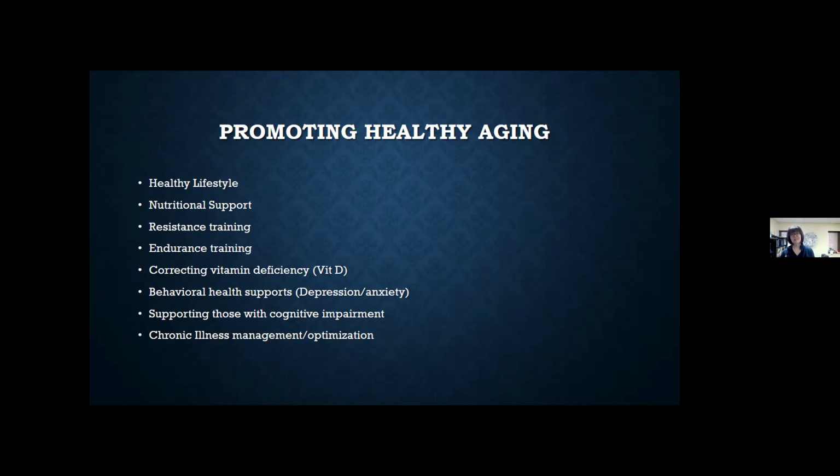Engaging in resistance training in particular has been shown to be effective, but also endurance training. Looking for vitamin deficiencies. Vitamin D has been associated with frailty. Thinking about those behavioral health supports, particularly for people with depression, anxiety, those that are socially isolated, those with cognitive impairment. How do we best support them through that? And really, that's to prevent other negative outcomes that speed that frailty process along.